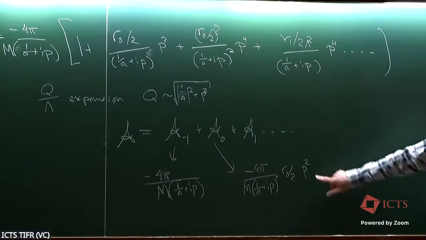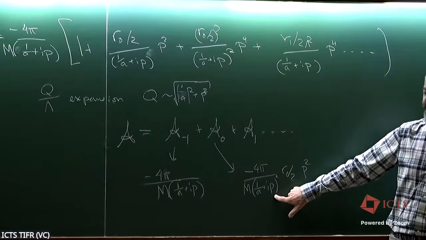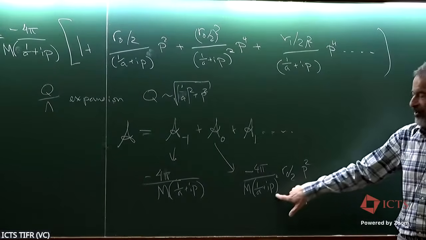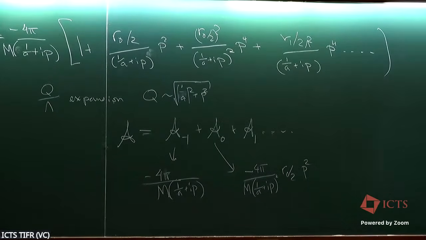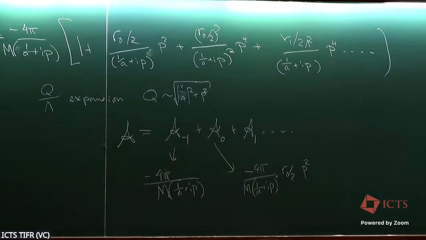And so P counts as order Q, 1 over A plus IP counts as order Q. Therefore, this is order 1 in the power counting. I'm sorry, order 0, P squared over 1 over A plus IP squared. So it looks like a Q squared over Q squared.